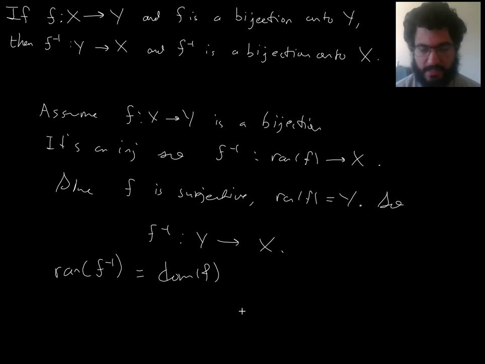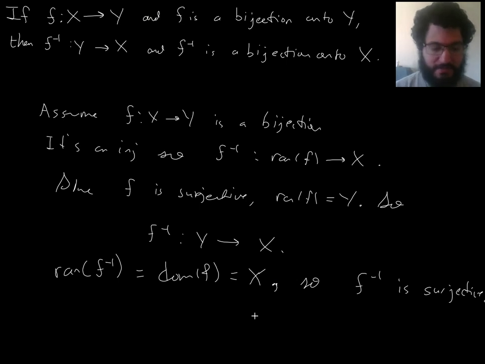That's by Theorem 69 again. And the domain of f was assumed to be x, right? That's one of the three things that's being said when we say f maps x to y. So that's what's needed to say f reverse is surjective, or f inverse. I can call it f inverse.